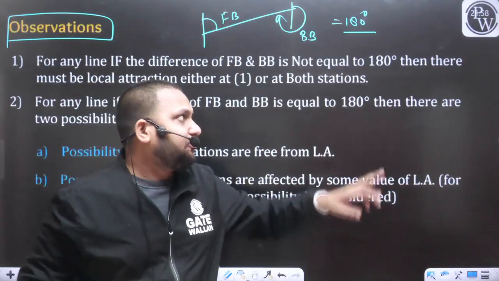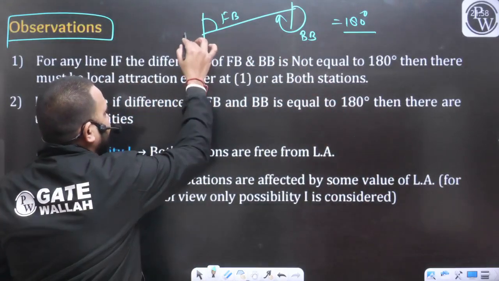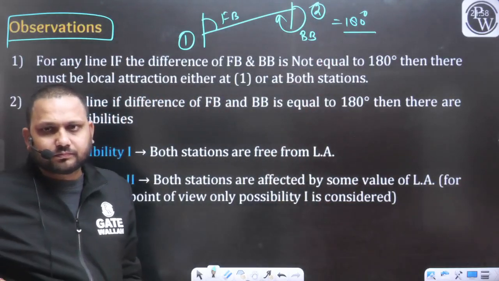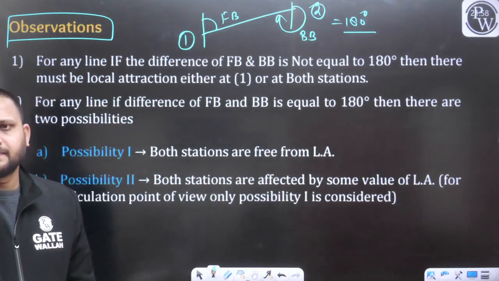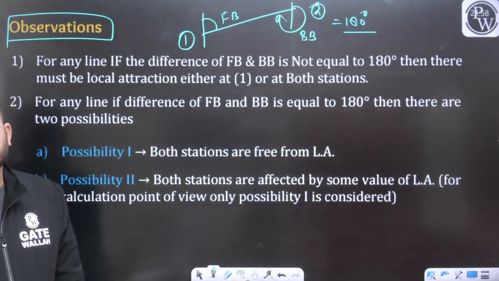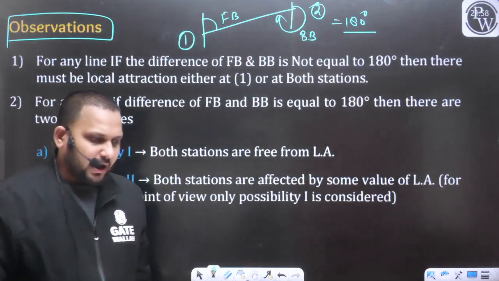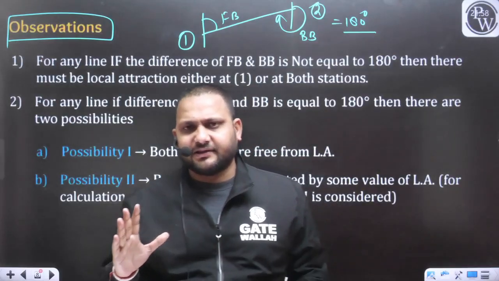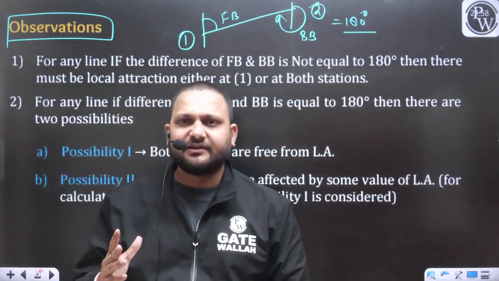The fore bearing you have measured from station 1 and the back bearing of this line you have measured from station 2. Yes or no? So I am not sure where there is the error, at station 1 or at station 2, or both stations are having the error.